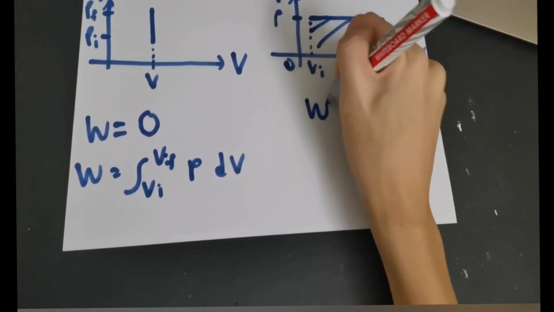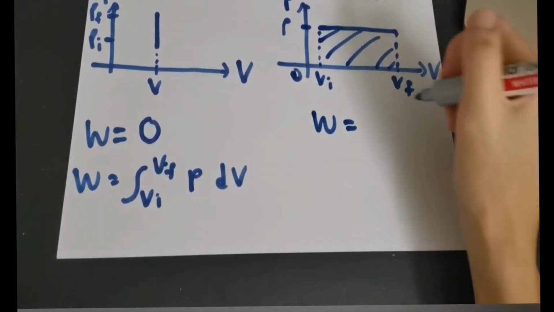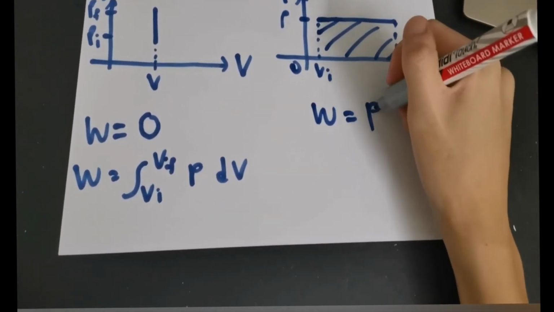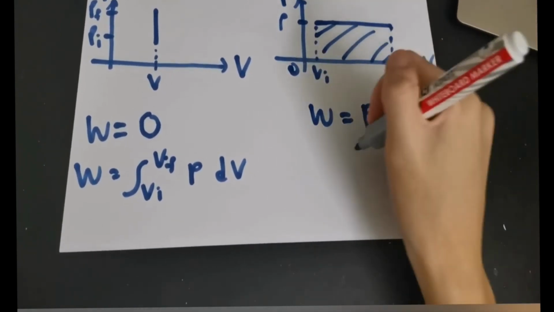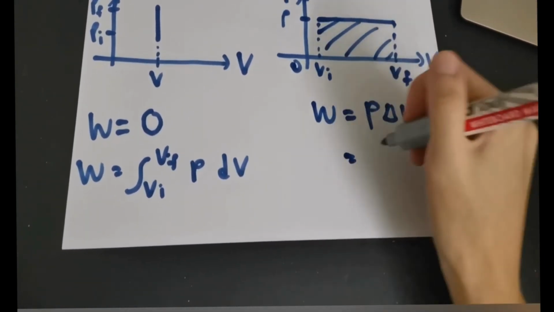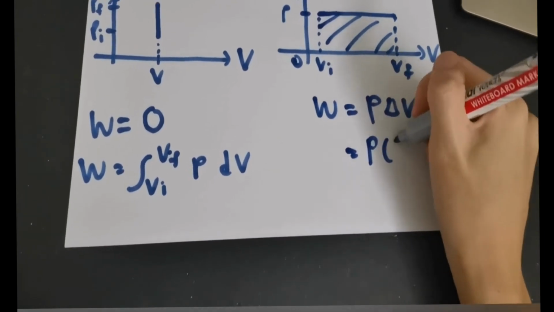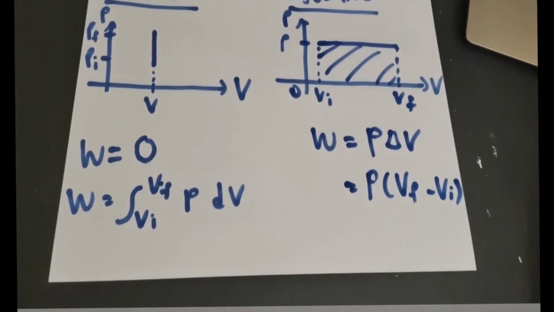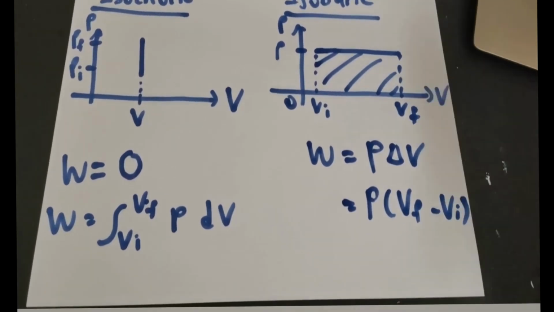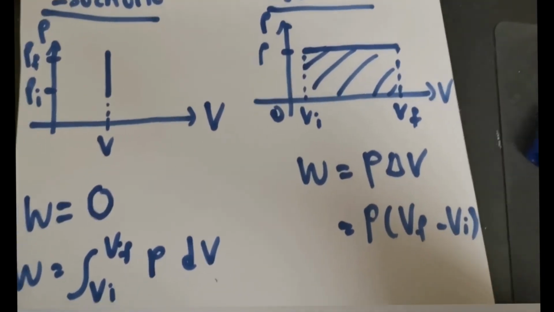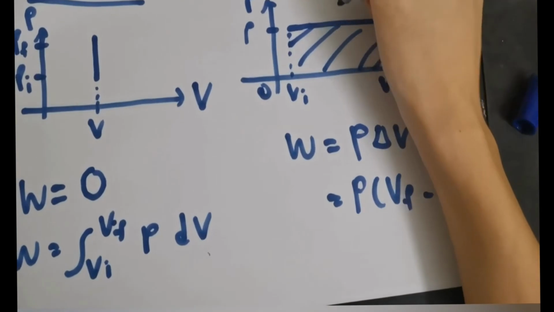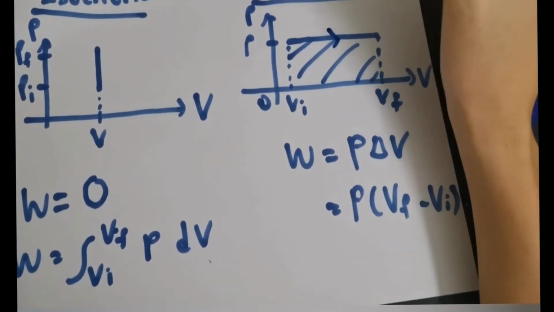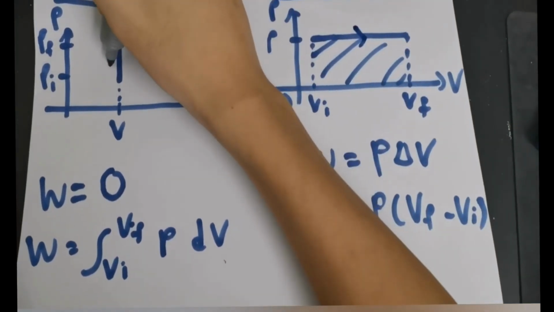There's one equation for it: the same pressure times the difference in volume, so P times V final minus V initial. That's it, it's just as simple as that. So don't forget to put the arrow. Expansion, so it goes this way.